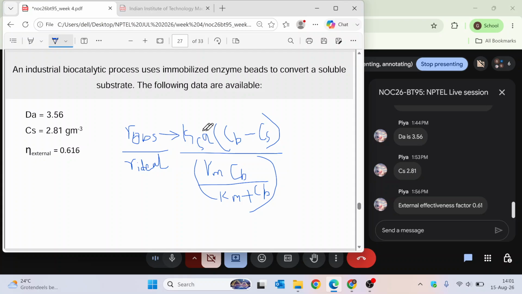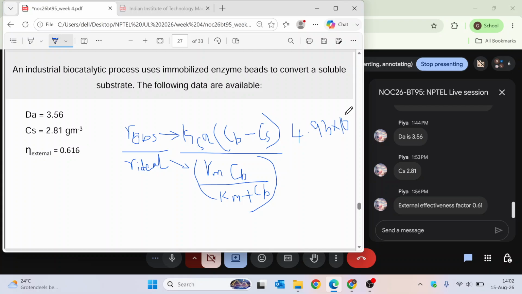All the components of this particular equation are already given. So if you just substitute the given values, the observed rate is going to be 4.93 into 10 to the power minus 3. Unit is gram per meter cube per second.